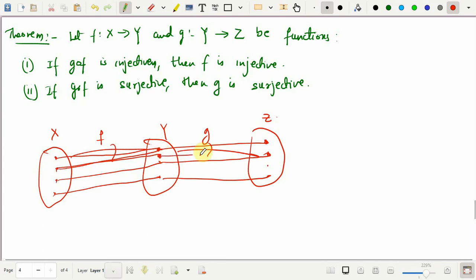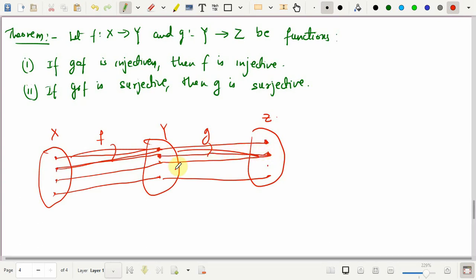If we have something like this, then this may not be injective. Then what will happen? This will map to this, this will map to again this, not an issue, and this will map to this. But you will see that these two distinct points will map to distinct points in Z, right? I mean to say that if G composite F is injective, then F has to be injective.